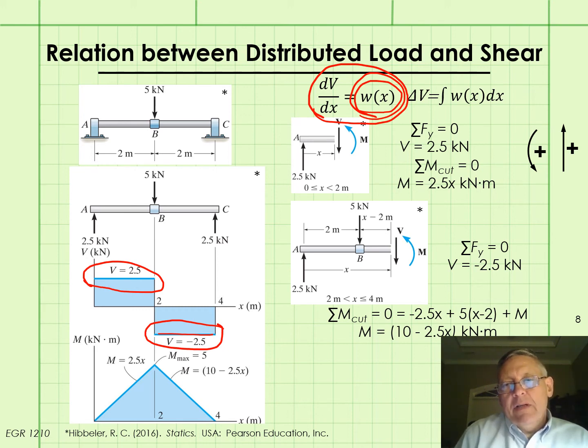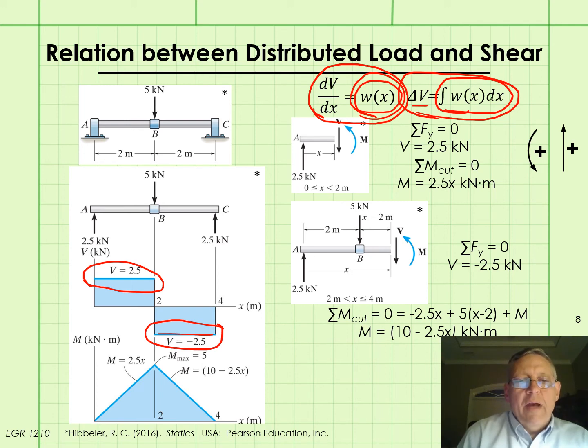The second relation we established was that the change in shear between two values of x is equal to the area under the distributed load curve. And again, we had no distributed load, so we would be expecting no change in shear for each segment of the beam.